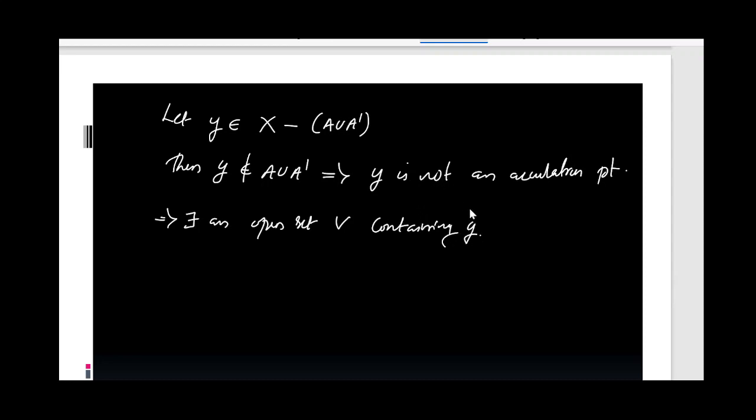Whenever Y is an accumulation point, every neighborhood of Y should contain points from this set.